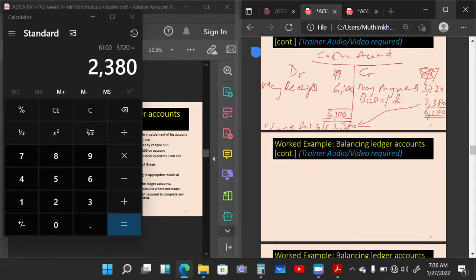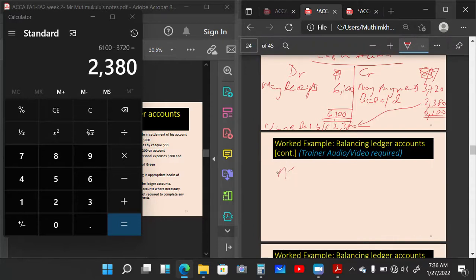That's the balance for the cash account, because this is going to be the balance reported for future months or future periods.